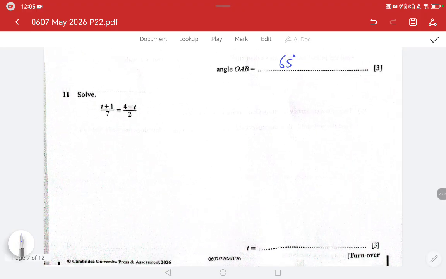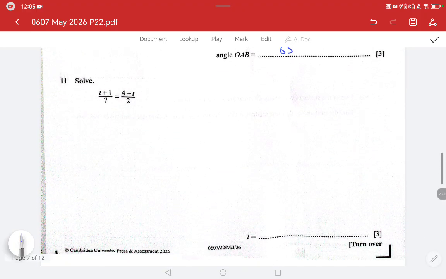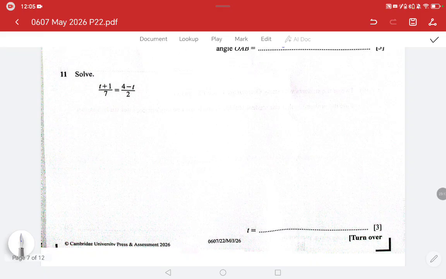Okay, next one, solving equation. Cross multiply. 2 times t plus 1 equals 7 times 4 minus t. Don't forget the brackets. So 2 times, so expand.